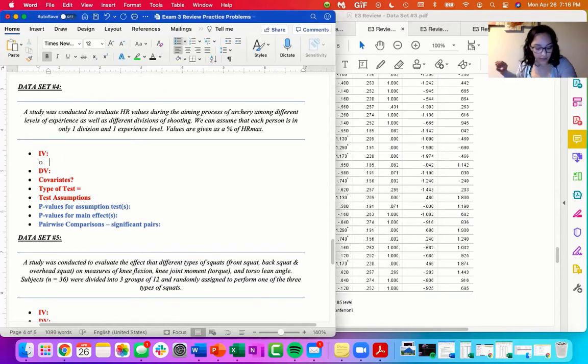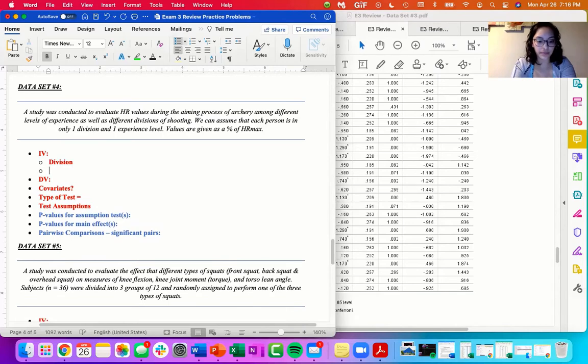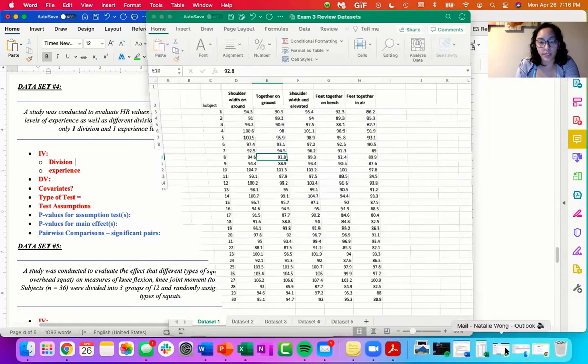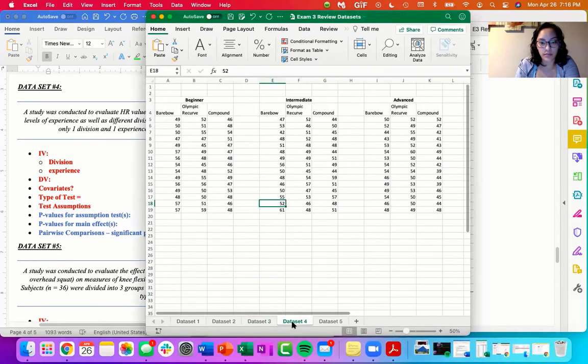What are my independent variable or variables? Experience and division, you got it. For division, you would get information by looking at our example here.